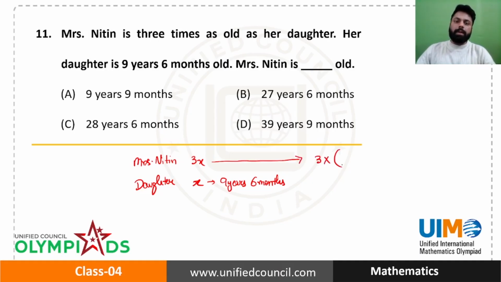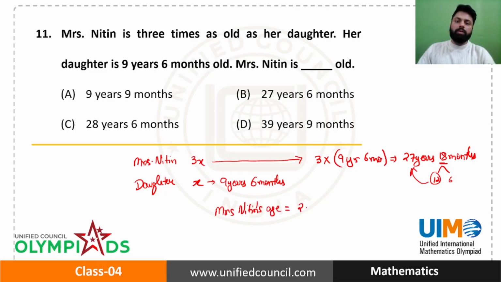So this will be 3 multiplied by 9 years and 6 months. 3 multiplied by 9 is 27 years, and 6 multiplied by 3 is 18 months. But we cannot have this, so we will break it as 12 and 6. This 12 will go and add up as 1 year. So Mrs. Nitin's age is 27 plus 1, 28 years and 6 months. So C option is the correct answer.